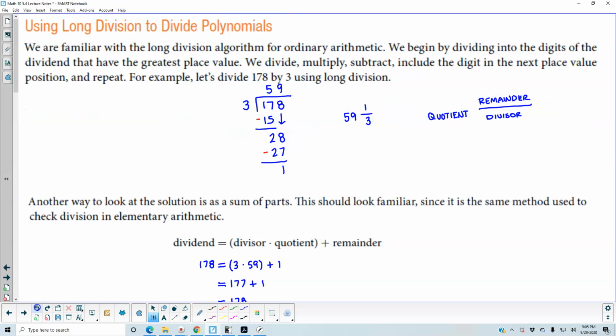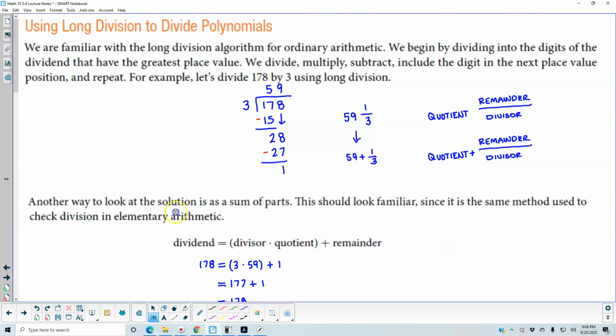This can also equal 59 plus 1/3, which means we can say that the quotient equals the quotient plus the remainder over the divisor.